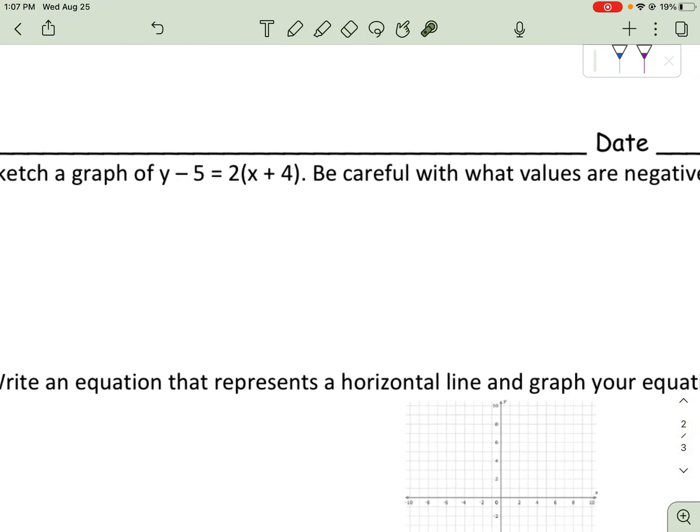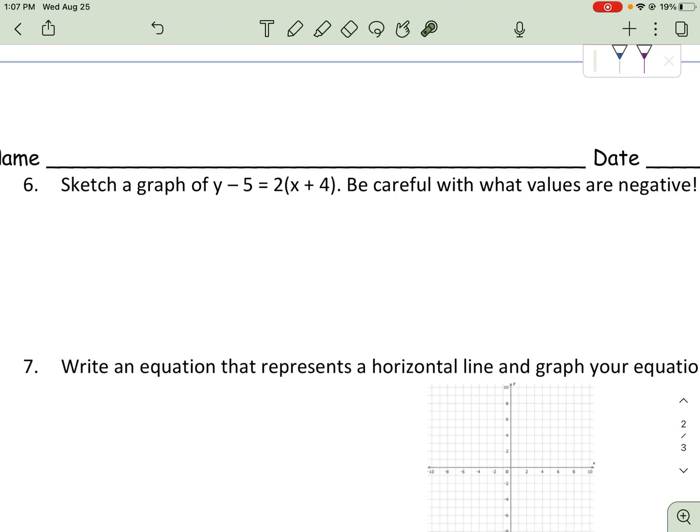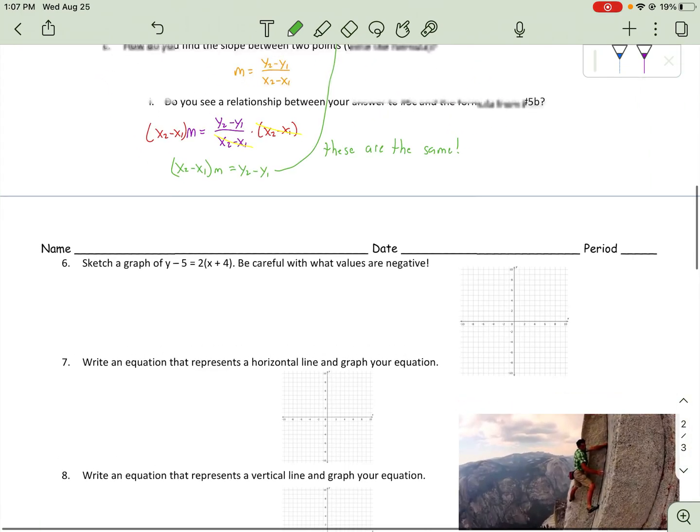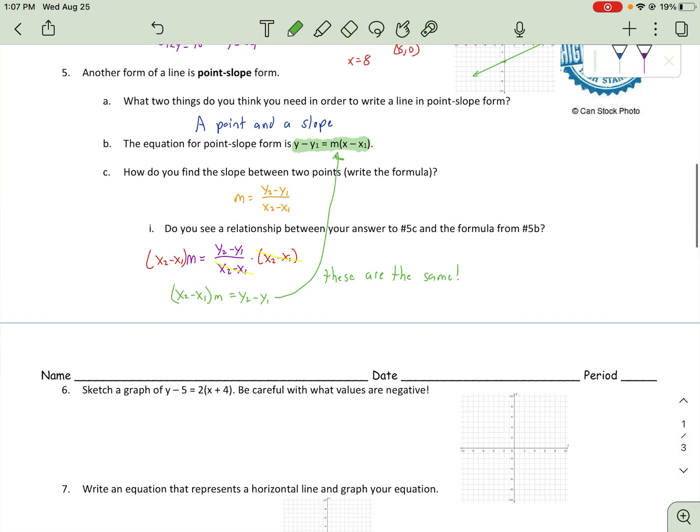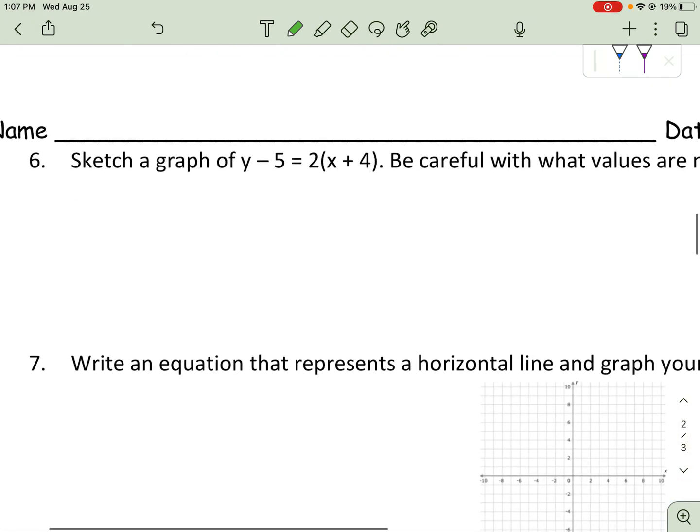All right, so we're going to sketch a graph of this. So in this equation, we have a point and a slope. Now notice how the equation right here, so I'm going to rewrite point slope form. So we have y minus y1 equals m times x minus x1. So if we line that up, you can see what's what, but notice how there's a minus sign already here.